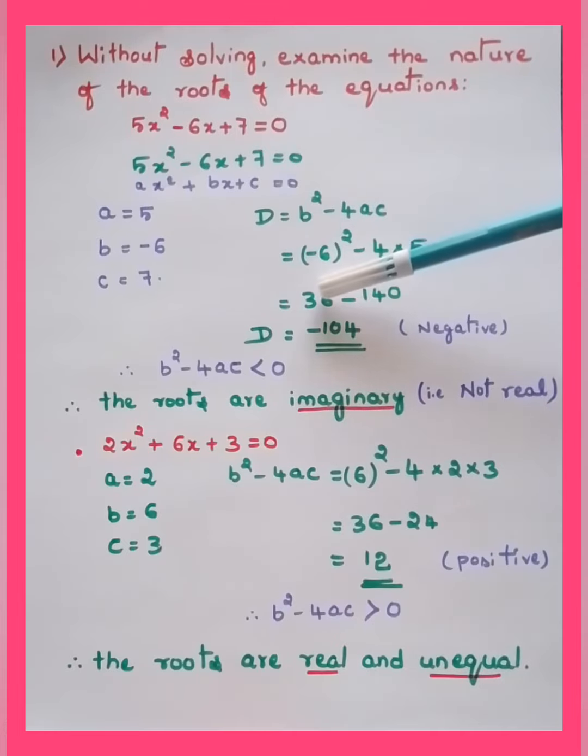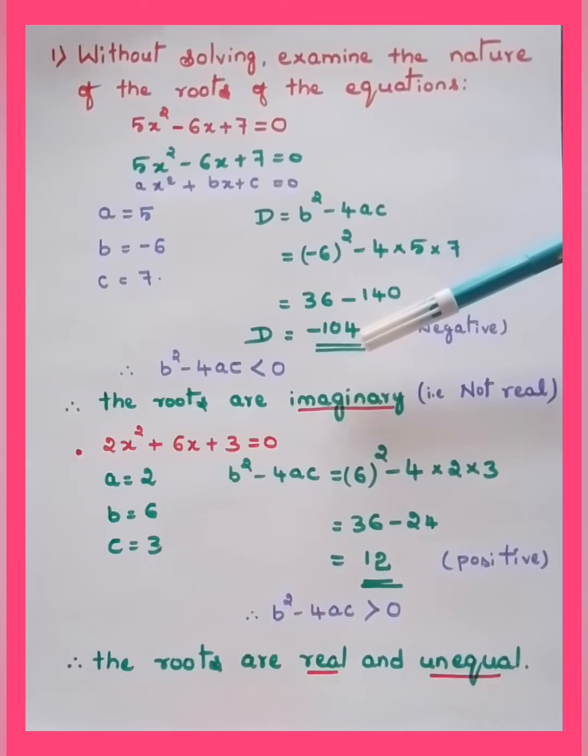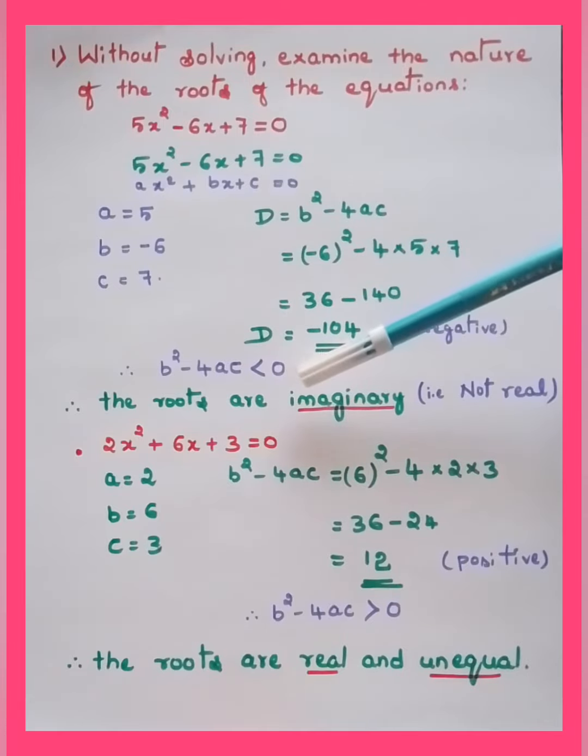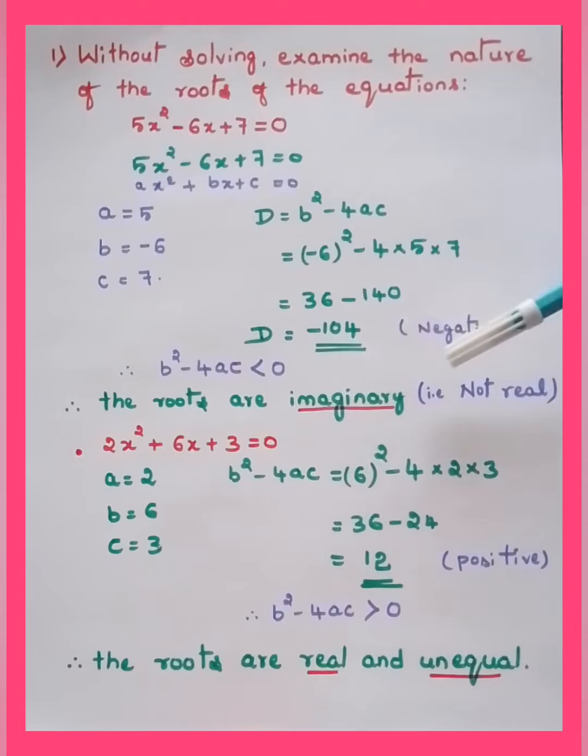Minus 140 plus 36: subtract the smaller number from the bigger number, you get the answer as minus 104. We got a negative answer. So if b square minus 4ac is less than 0, the roots are imaginary, the roots are not real.